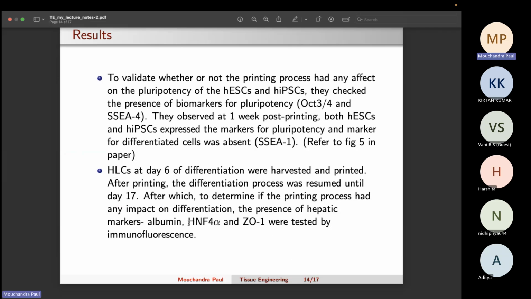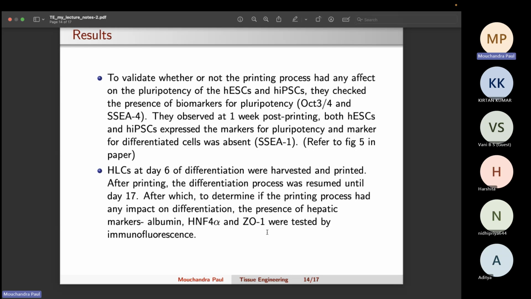In order to check that the differentiation is completed, they checked the presence of some hepatic markers like albumin. Usually, liver cells secrete albumin. Then HNF4 alpha, then ZO. These are some markers known to be expressed by hepatocytes.